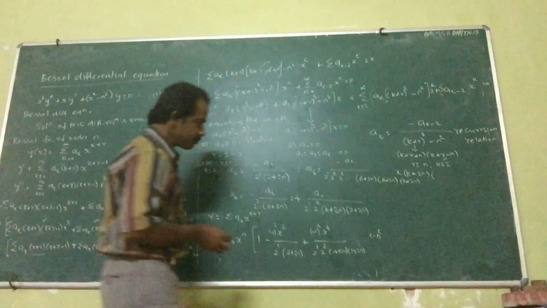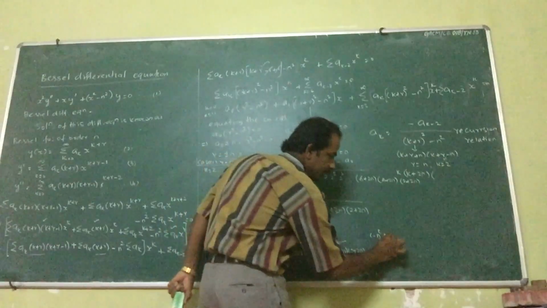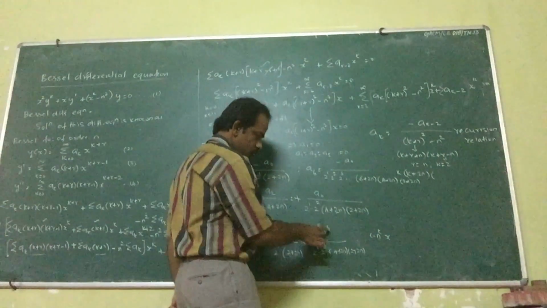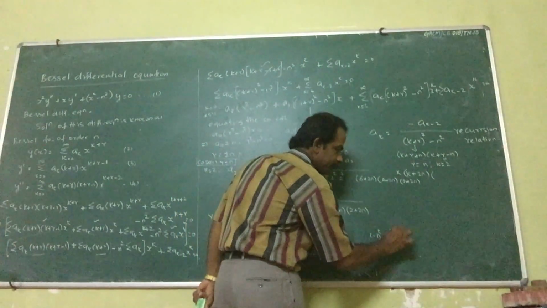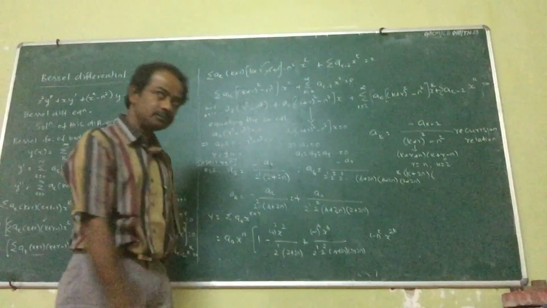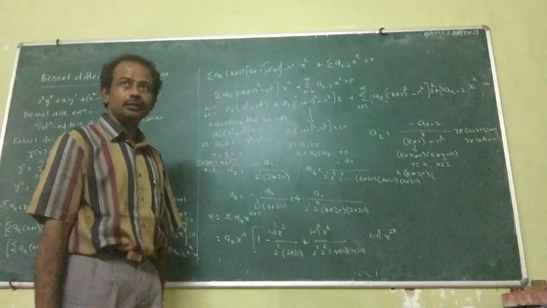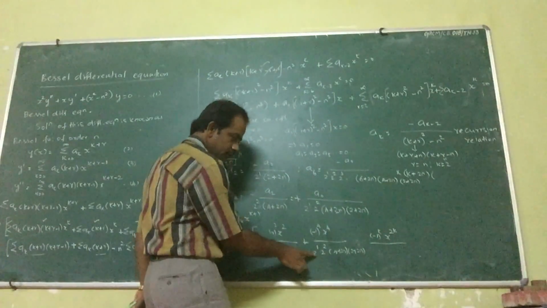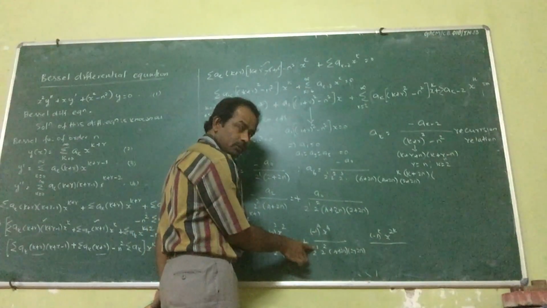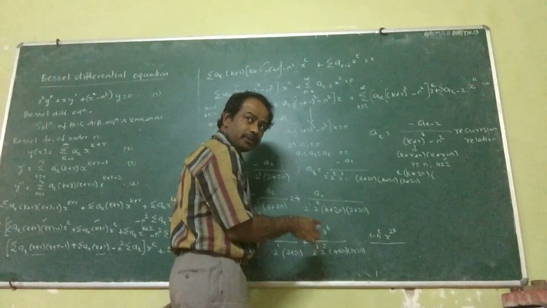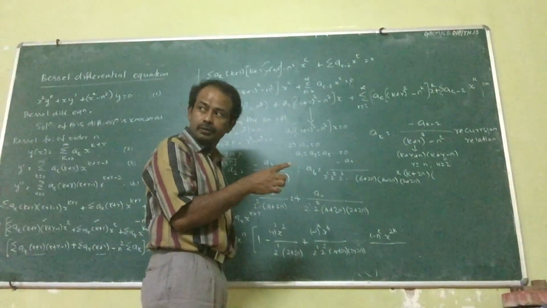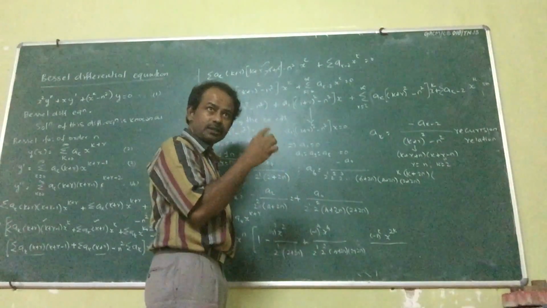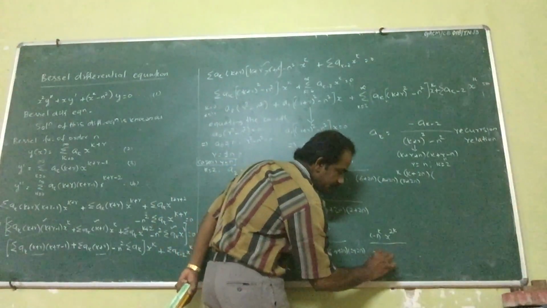So this becomes minus 1 to the power k, x to the power, see, look at this 2, 4, so it must be 2k. Is it clear? It must be 2k divided by 2 to the power 1, 2 square. The next term will be 2 to the power, goes on. So you will have 2 to the power 2k.